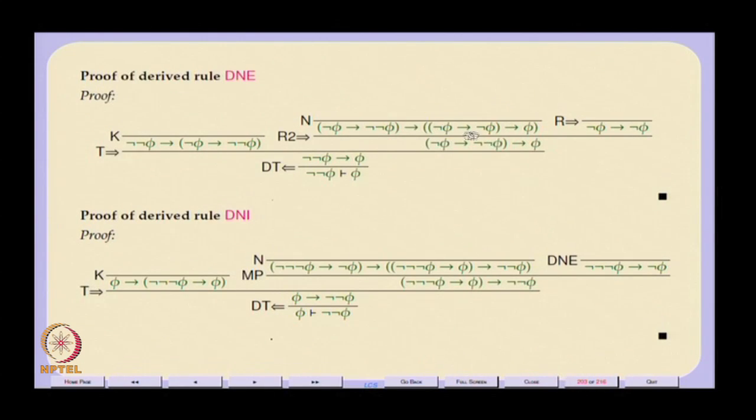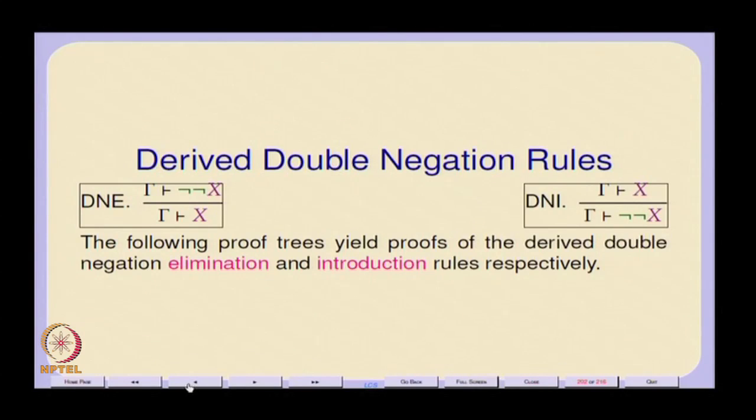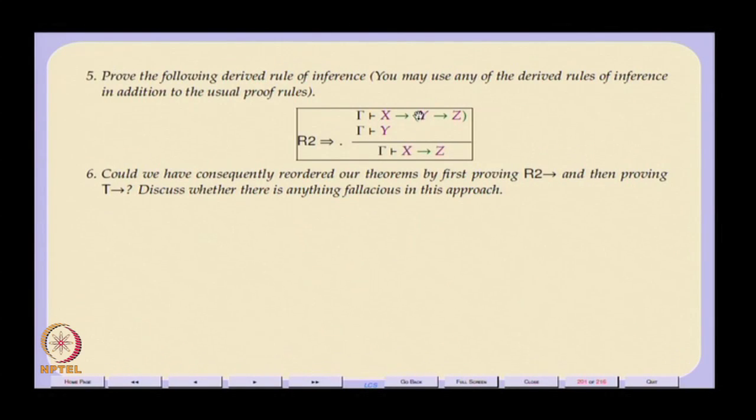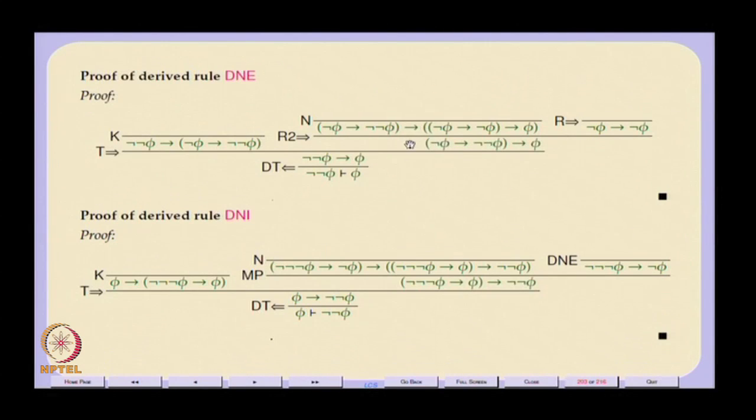So, this in-between thing, not phi arrow not phi, holds, and therefore, from R2, which was the previous one where you could remove this middle thing if you have proven it, I can remove this middle portion not phi arrow not phi to give me not phi arrow not phi arrow phi. Then from k of course, you get not phi arrow not phi arrow not phi.